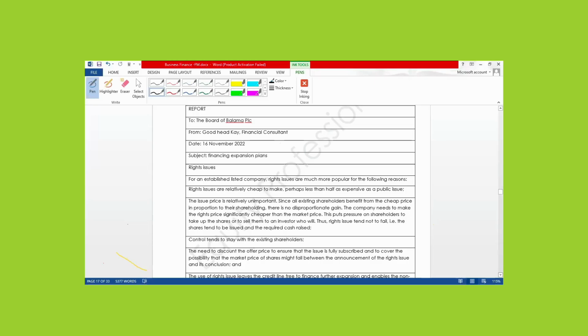The need to discount the offer price is to ensure that the issue is fully subscribed and to cover the possibility that the market price of shares might fall between the announcement of the rights issue and its conclusion.